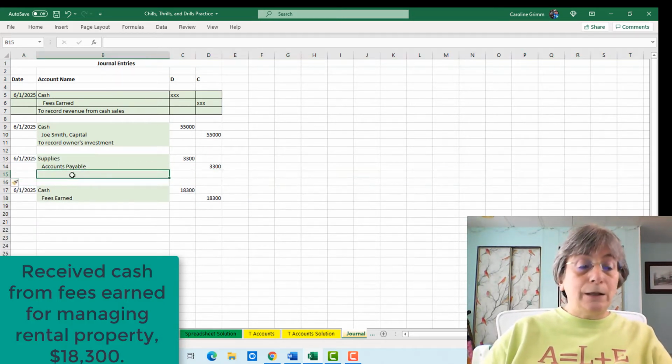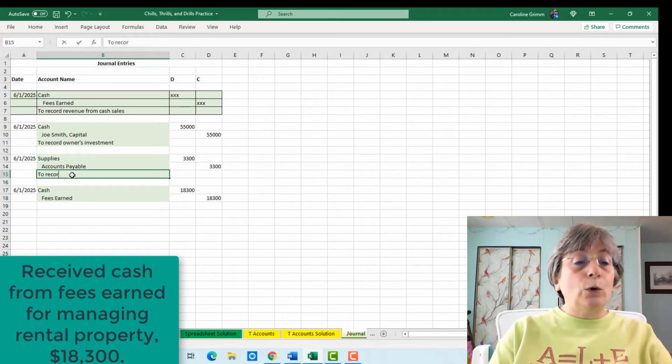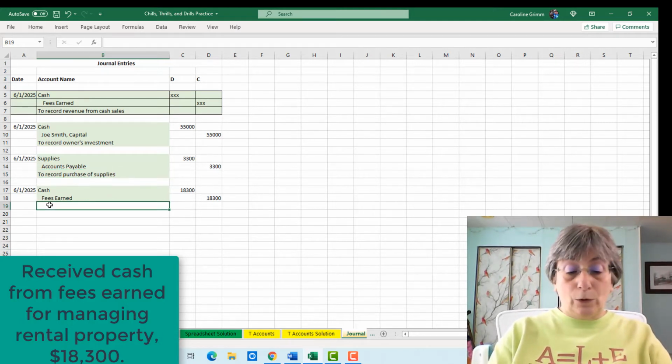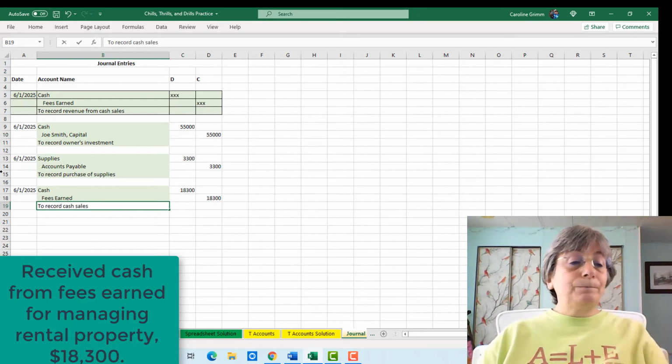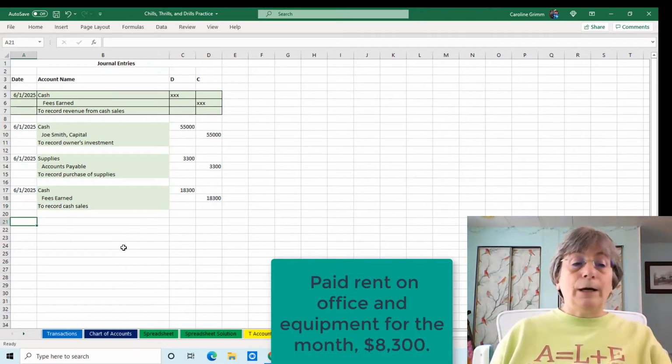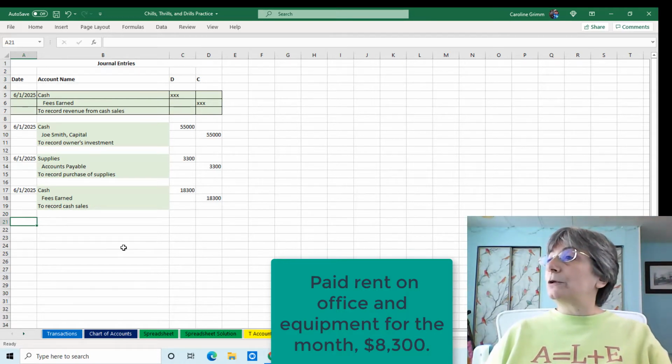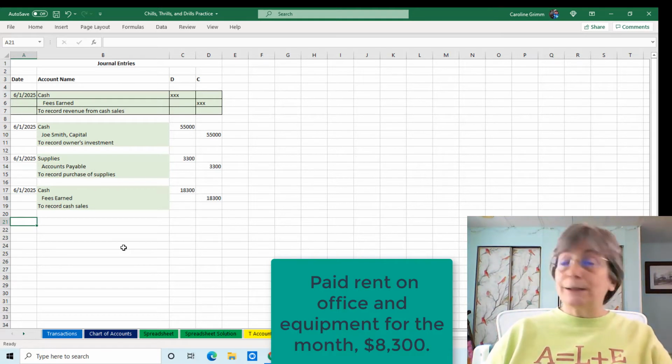We're going to jump back in here and say to record purchase of supplies. And then here we're going to say something like to record cash sales. All right. And then what happens? We're going to pay our rent. So we're paying our rent of $8,300.